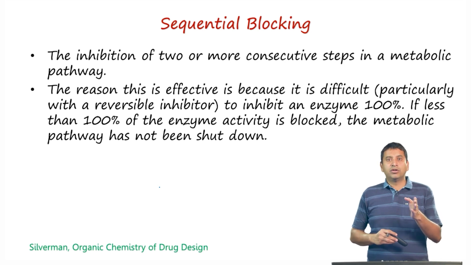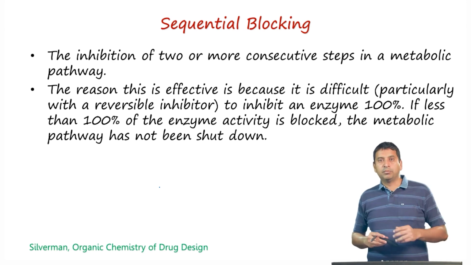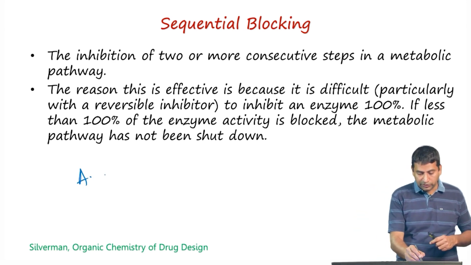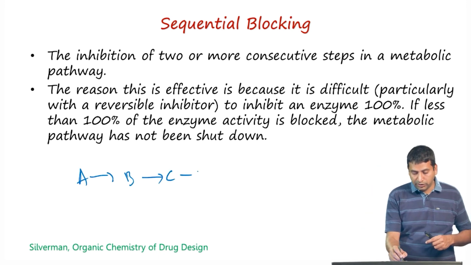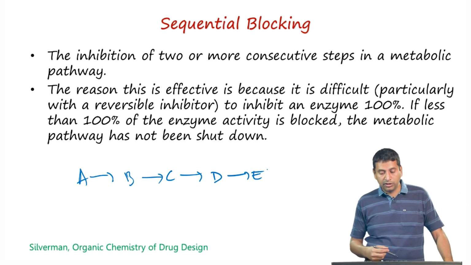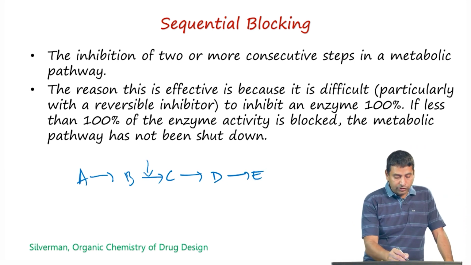You can also do what is known as sequential blocking. Here we look at a metabolic pathway that is important and we want to develop inhibitors. Let us say A goes to B, goes to C, goes to D, goes to E. This is a metabolic pathway that we want to inhibit. Let us say we develop an inhibitor for this step.